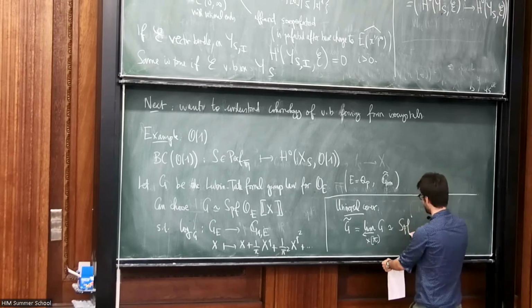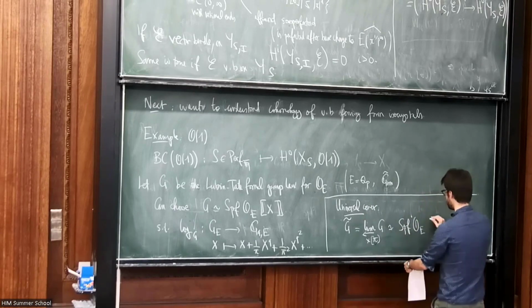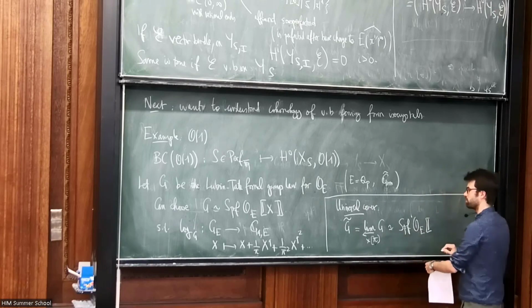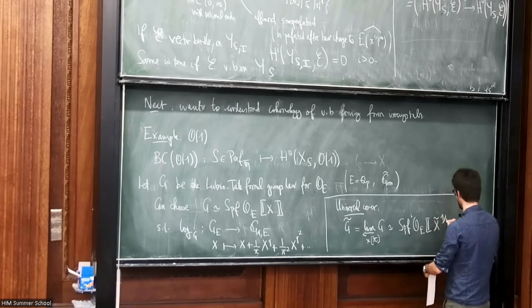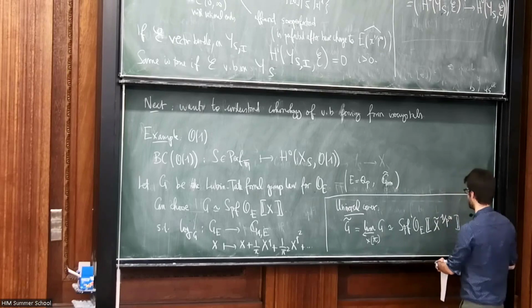So this is just the same as a formal spectrum of a power series ring, but now in a perfectoid variable, which I will call x tilde, 1 over x infinity.